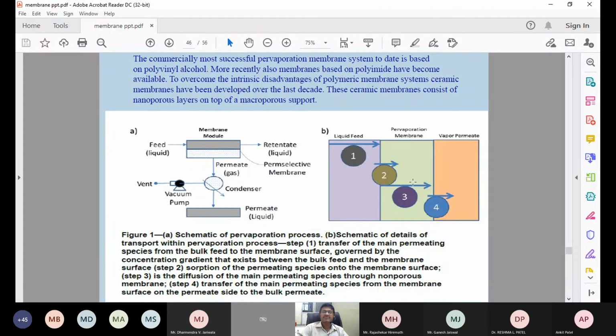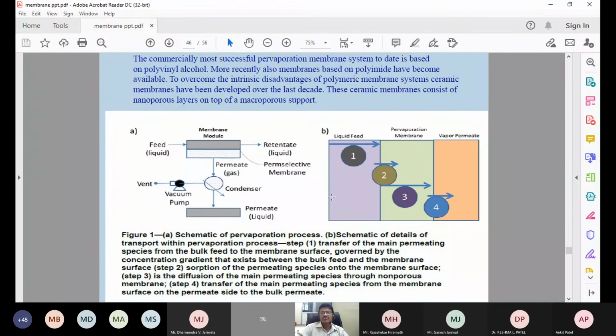Step 3 is the diffusion of the main permeating species through the non-porous membrane, and like this the transfer will be there. So what is happening? We are heating the mixture here. Due to heating, small vapors will be formed that are sorbed on this membrane, and those vapors then go from this membrane to this side.